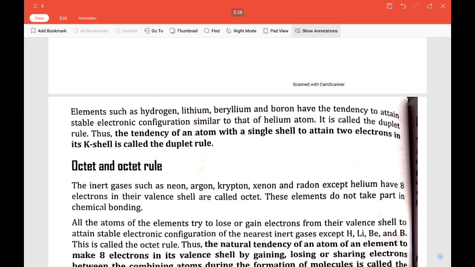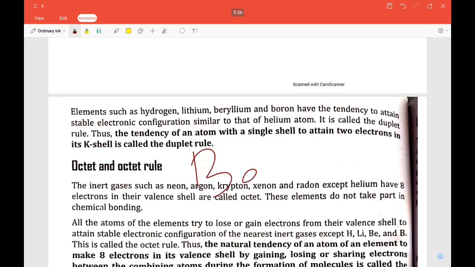For example, there is beryllium. Beryllium is written as Be. Look here on the screen, and its atomic number is 4. 2, 2. See, in K cell there are 2 electrons.